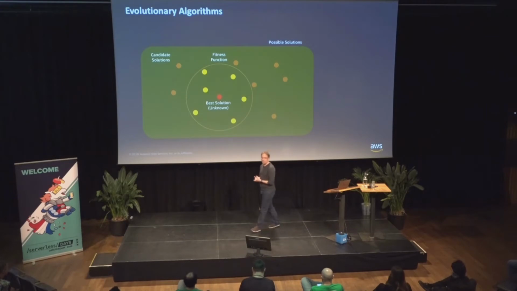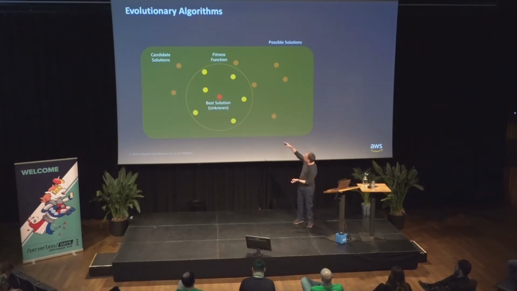The fitness function is a way that, in this case, you should probably agree on together with the business, that takes all the possible actions and gives some value to those actions. And if you create a fitness function, then you can take all the candidate solutions, keep the ones that have the highest score for the fitness function, and discard all the others. And probably you're getting closer to the unknown solution.